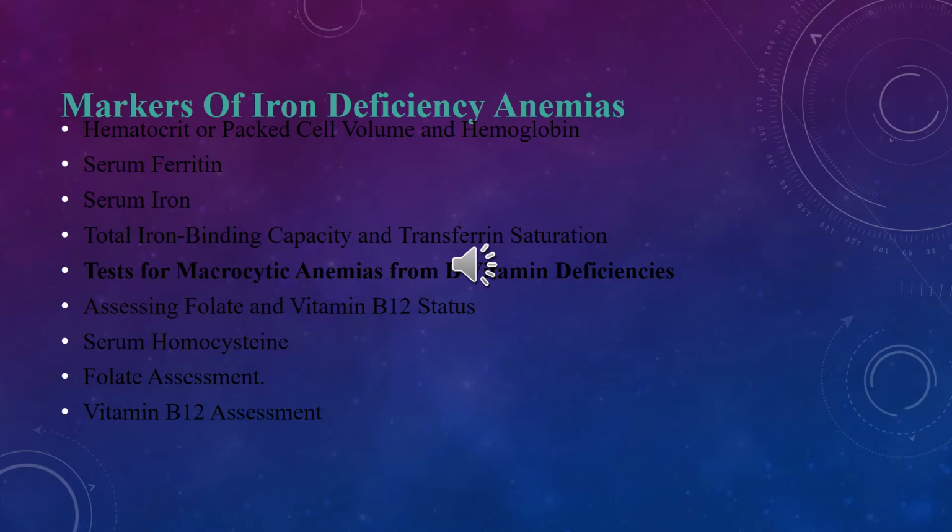ACD is a condition in which ferritin fails to correlate with iron stores, and ACD is a common form of anemia of chronic and inflammatory diseases.